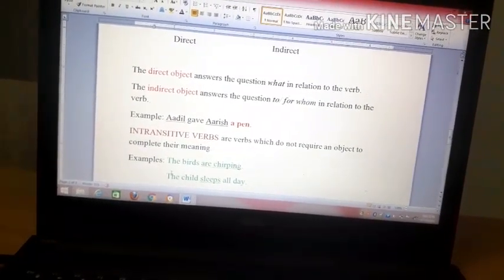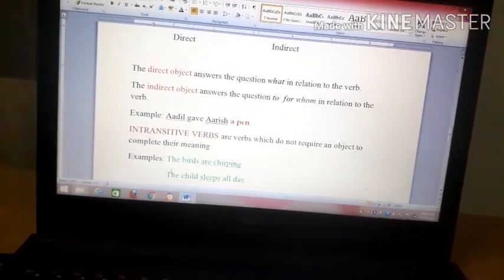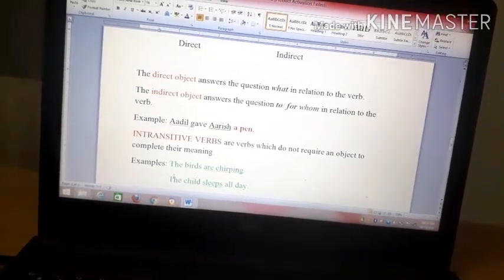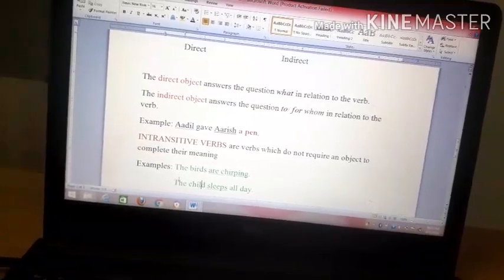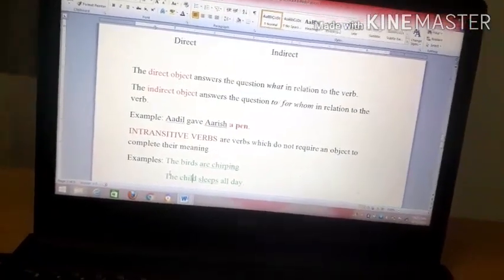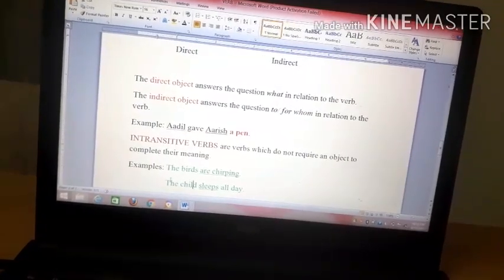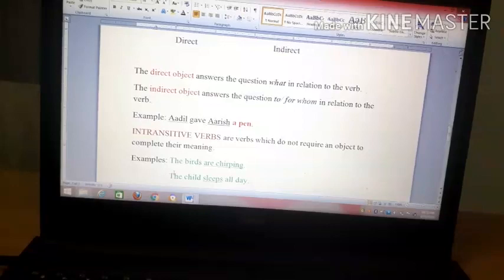It's an intransitive verb because it does not have any object. So, an intransitive verb is a verb that doesn't require any object to complete its meaning. So, are chirping and sleeps are examples of intransitive verbs.